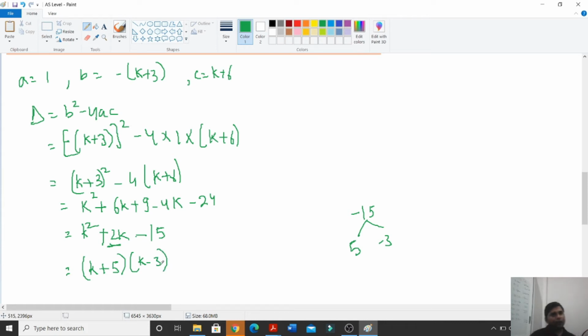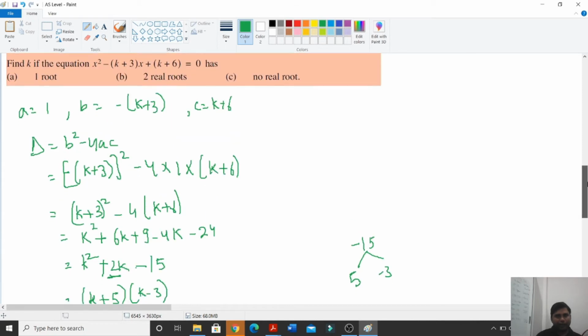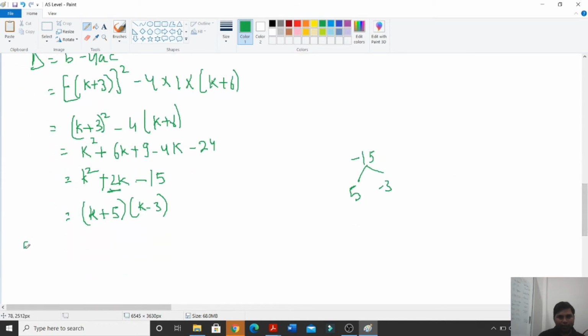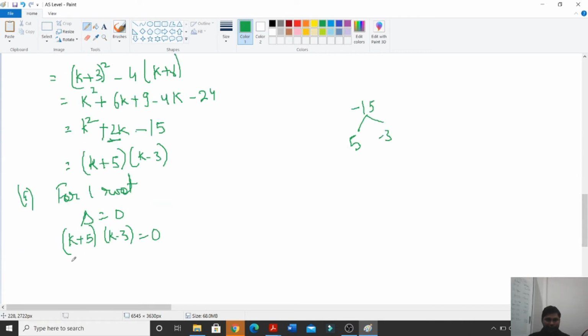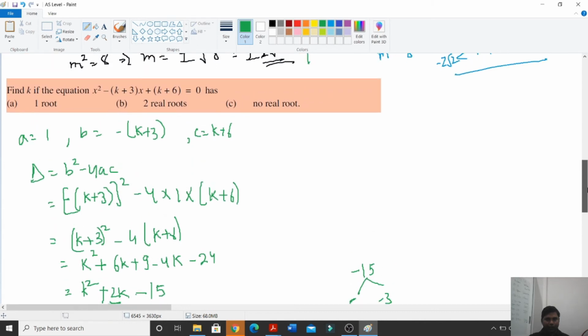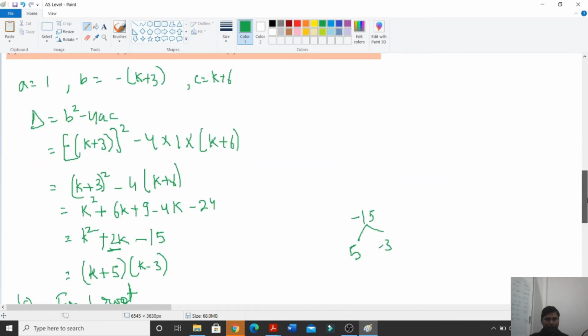Okay, so these are the two factors we got. Now it says one root. So part A, for one root means one solution, discriminant is equal to 0. So you will get (k plus 5)(k minus 3) equals 0. So from here you will get k is equal to minus 5 or 3. So there will be two answers for part A, minus 5 and 3.